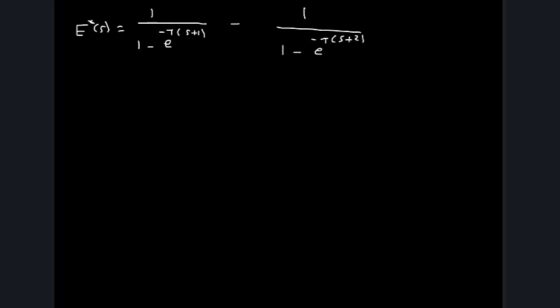Now if I evaluate, E star of s will equal 1 over 1 minus exponential minus t s plus 1 minus 1 over 1 minus exponential minus t s plus 2.